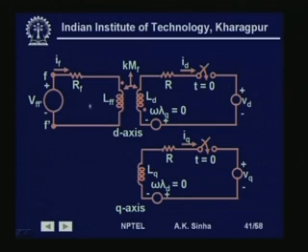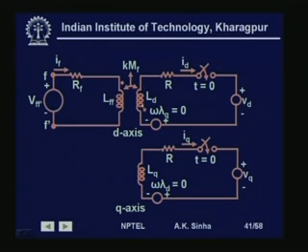If we do this, we have this direct axis circuit where this is the field circuit, with the resistance and the inductance of the field, and this has a coupling with the direct axis because the two are in the same axis.